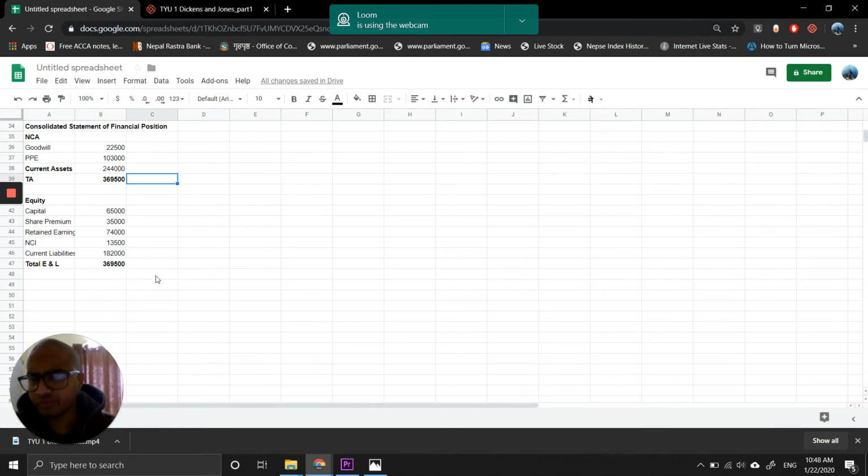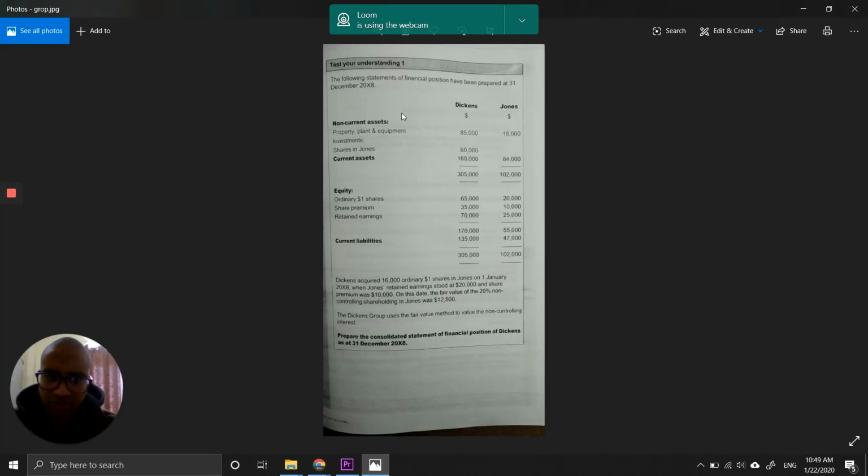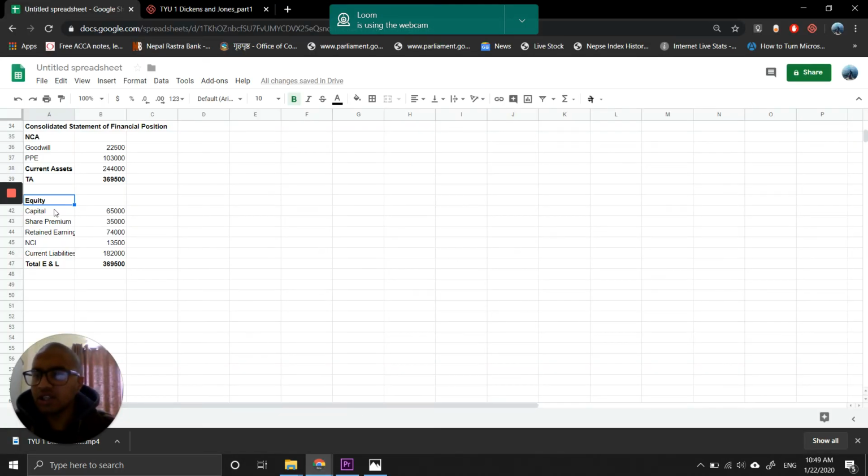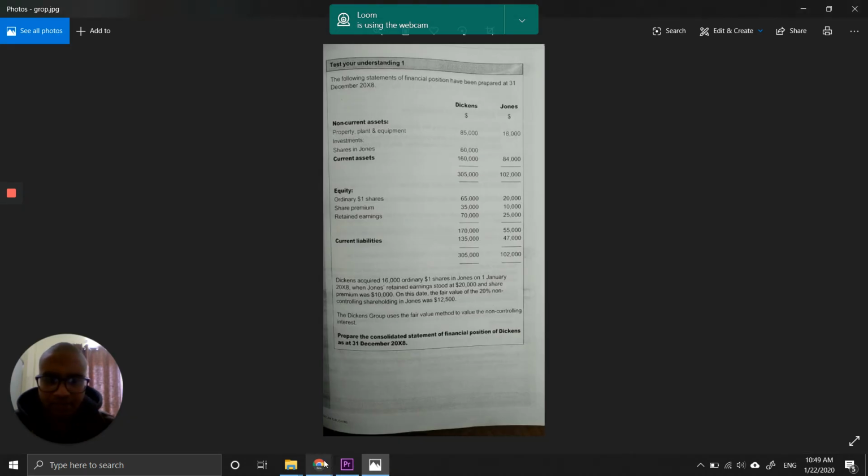Okay. So in the case of equity, when you're looking at this particular SOFP, you don't see goodwill over here, so you normally don't tend to think there is a goodwill, right? So don't forget that. And then in equity, you always take the capital of the parent only. Okay.